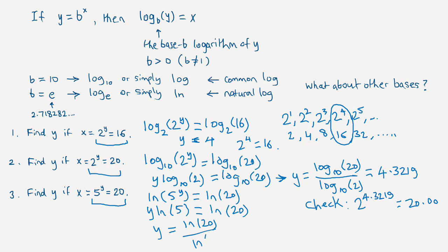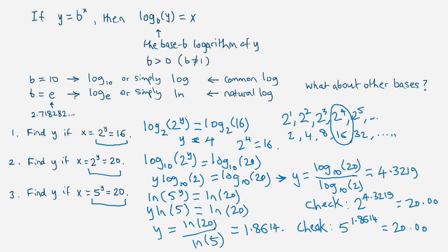So we'll have the log of 20 divided by the log of 5, and we can do that on the calculator. That comes to 1.8614, and then we can check we've got the right answer by going back to our original equation and calculating 5 to the power of 1.8614, and that indeed comes to 20 to 2 decimal places.